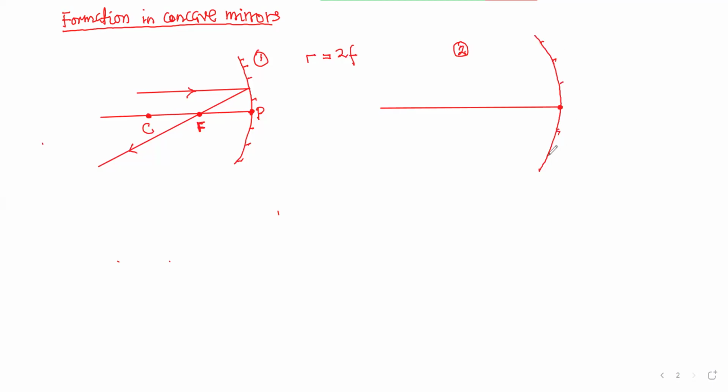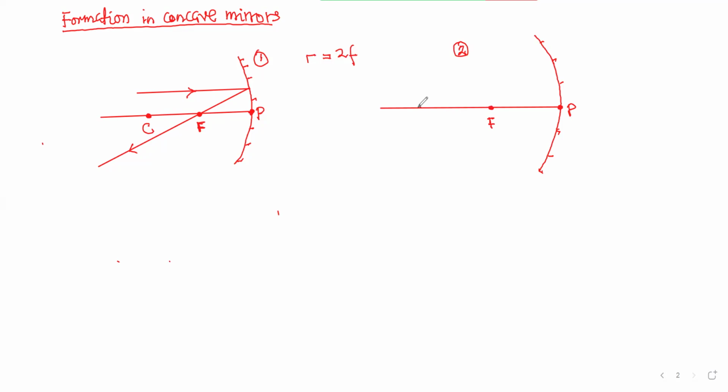So we must always draw the back of the mirror to show that this is a concave mirror. So measure from the pole to the principal focus and the same distance.